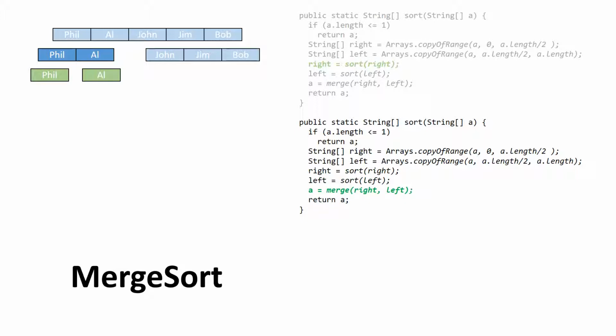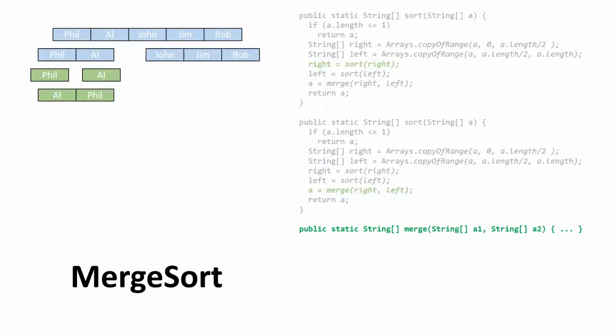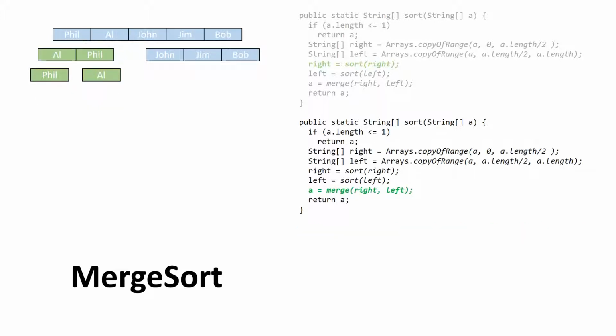So now we call the merge program that we described before. The merge program creates a new array of 2, merges the two strings into it, and then returns those to the calling sort program.